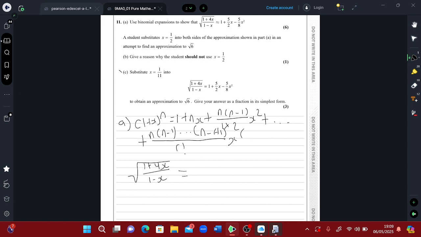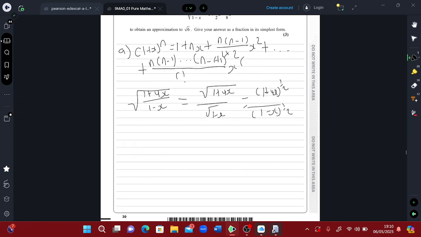Well, this is the same as distributing the roots: root of (1 plus 4x) over root of (1 minus x). And then we can convert this using index laws: (1 plus 4x) to the half, and since it's in the denominator we have a negative index, times (1 minus x) to the minus a half.